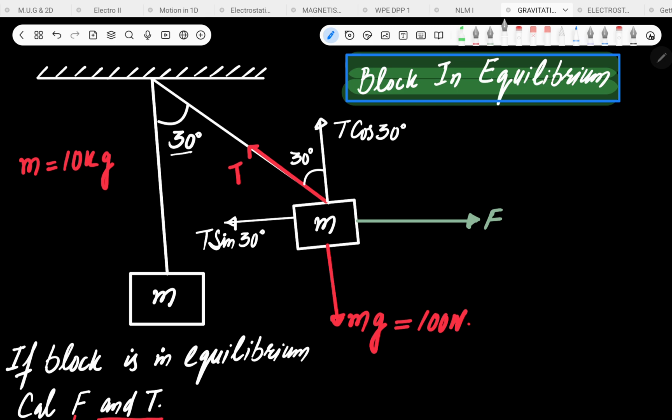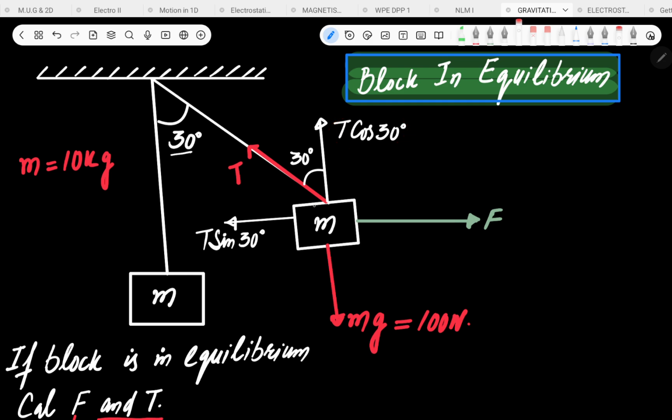So there are three forces on this block: number one is the external force, number two is the weight, which is 100 Newton, and number three is this tension in the string. The next thing I have done is resolve this T into rectangular components, T sin 30 and T cos 30.